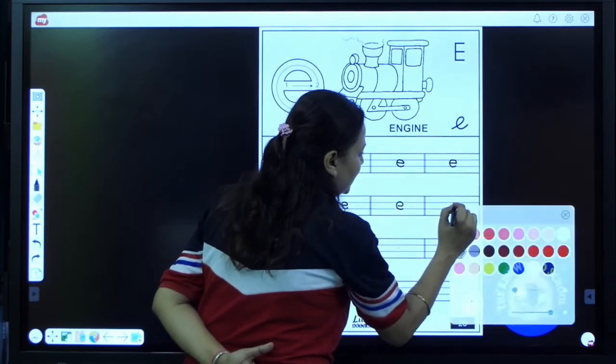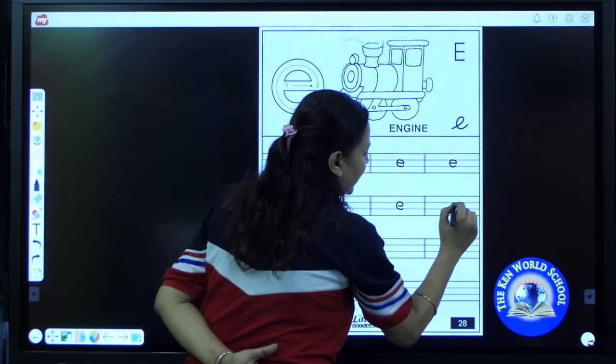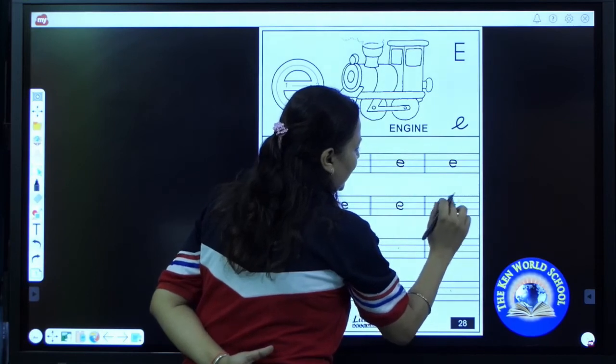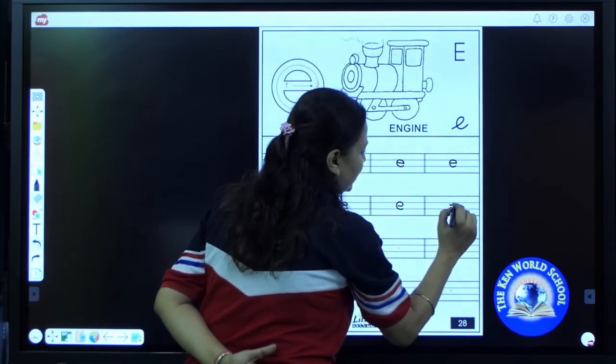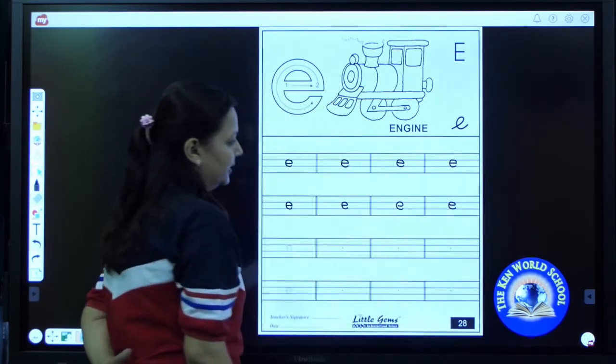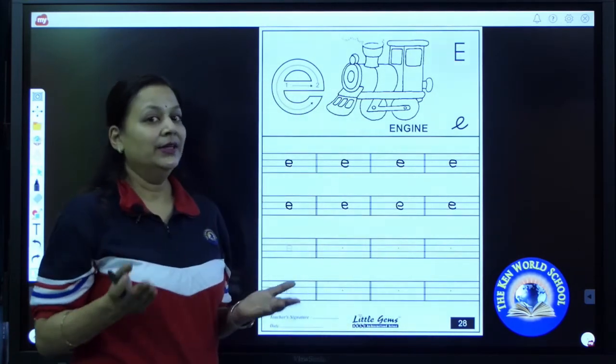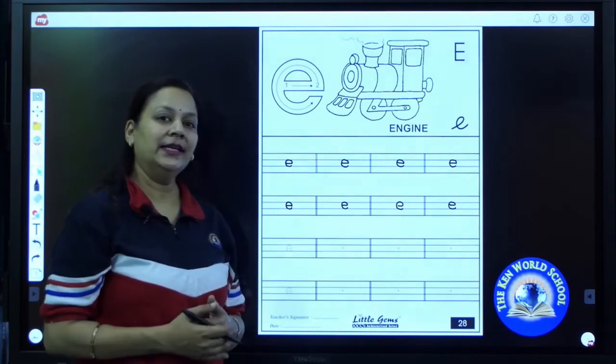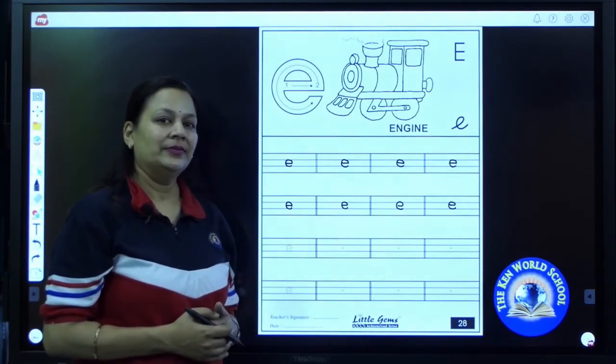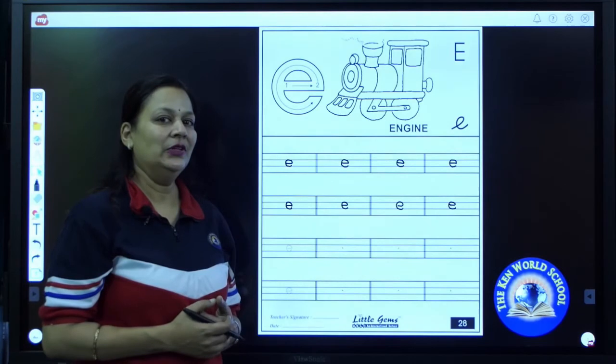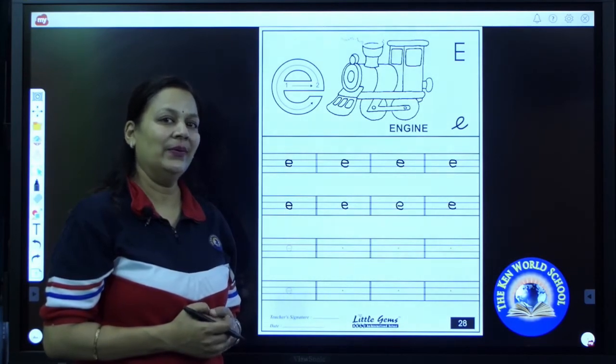E says eh. E as in engine. Now it's your turn to complete your second row. Ma'am is waiting for you to complete the second row.